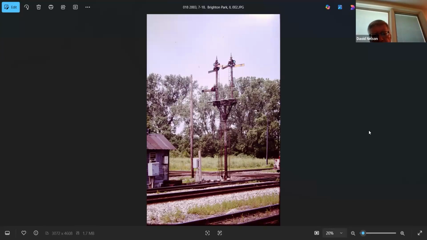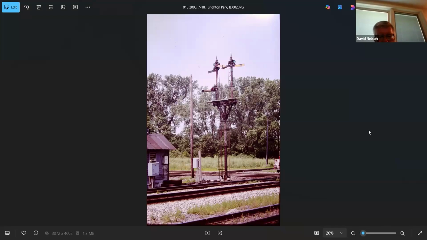A person would come out of that shed and grasp a lever and raise or lower the semaphores, depending on what they had heard, either over telephone or railroad radio, in terms of conflicting traffic coming up the line there. And somewhere here, I have a little cheat sheet of what's going on at Brighton Park.